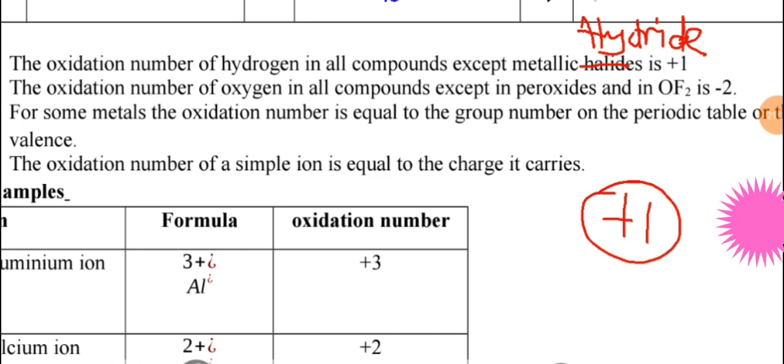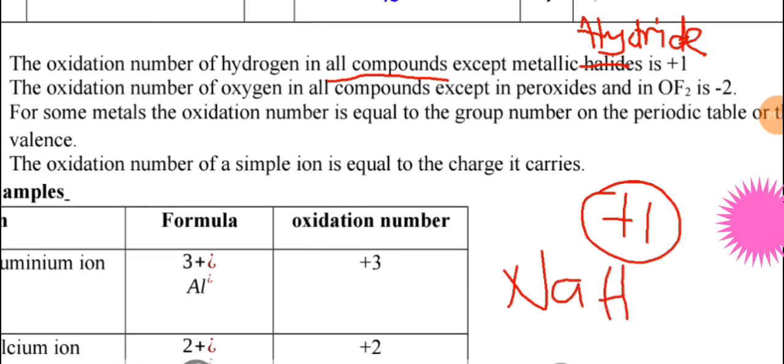I want you to understand, my dear learners, the oxidation number of hydrogen in all compounds, apart from metallic hydrides. When we say metallic hydrides, we are talking about the hydrides or the compounds made when a metal reacts with hydrogen, for example, sodium hydride.